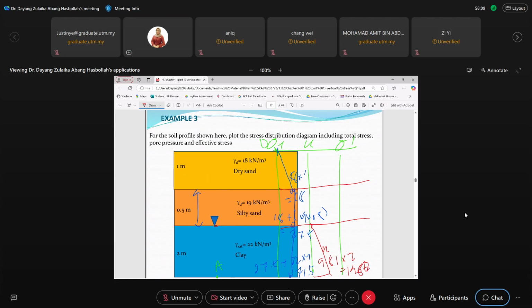Now for effective stress, we just subtract. So 0 minus 0, we have 0 here. And then the next layer, you have 18 minus 0, we also have 18 here. And the next one, 27.5 minus 0, you have 27.5 here.